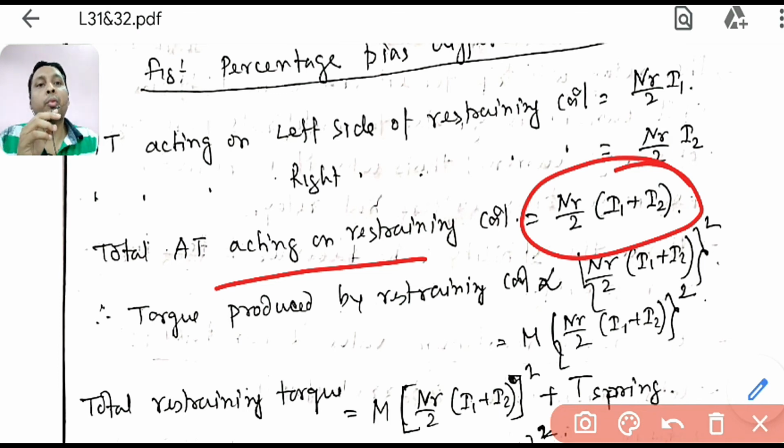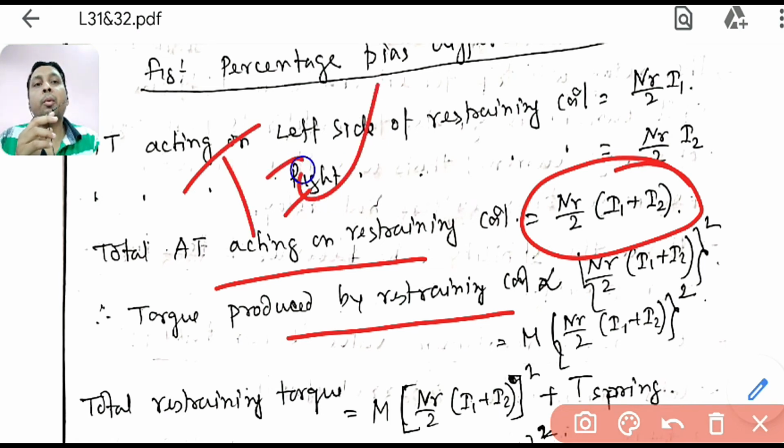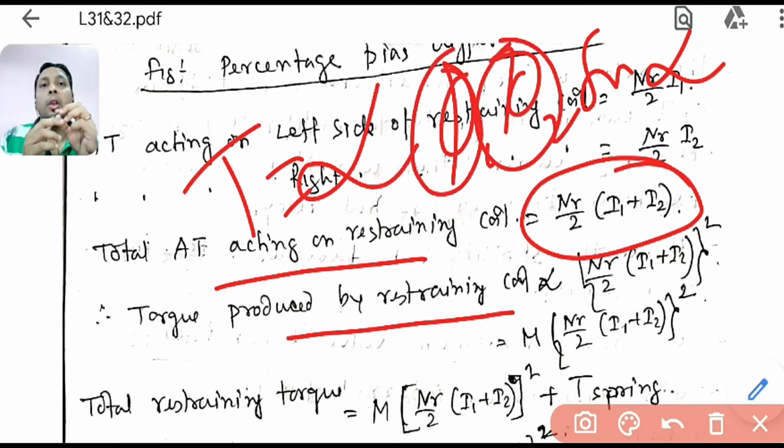So what is the torque produced by the restraining coil? We know torque is directly proportional to, you can recall my earlier lectures, before the IDMT initial lectures, where we discussed T is directly proportional to phi 1, phi 2 sin alpha. What is phi 1, phi 2? This is created due to the current, that is the ampere turn. So torque is proportional to the ampere turn whole square.